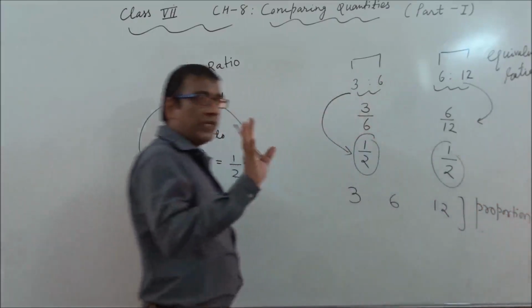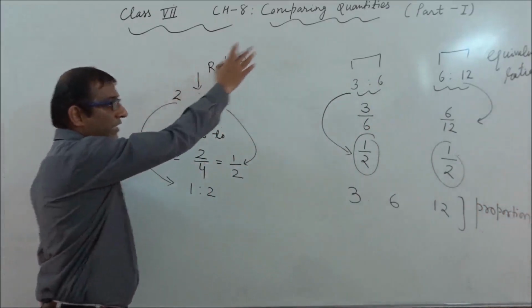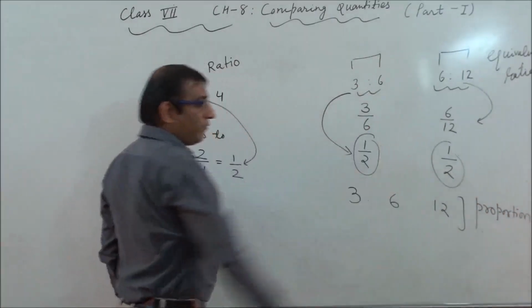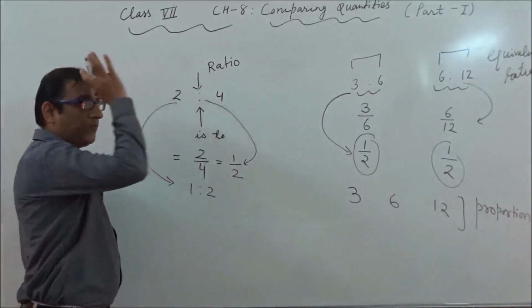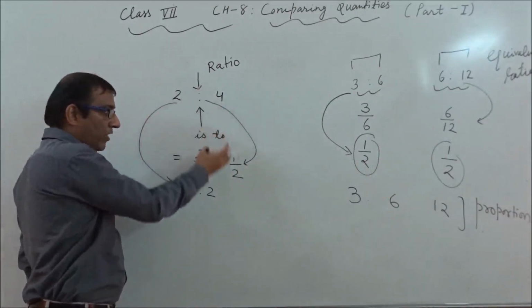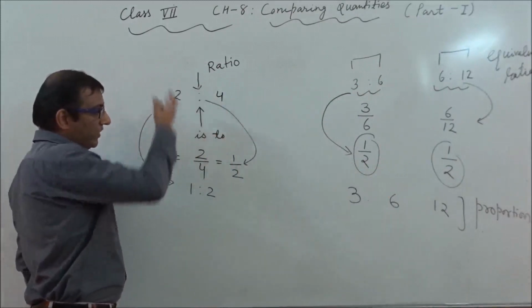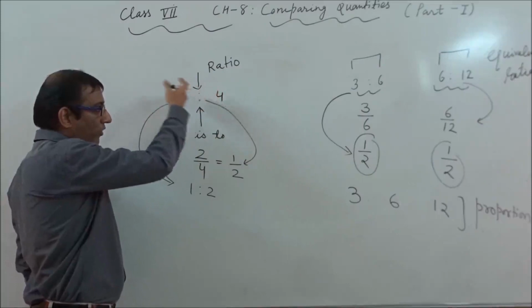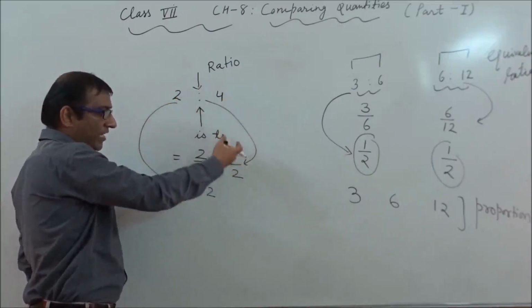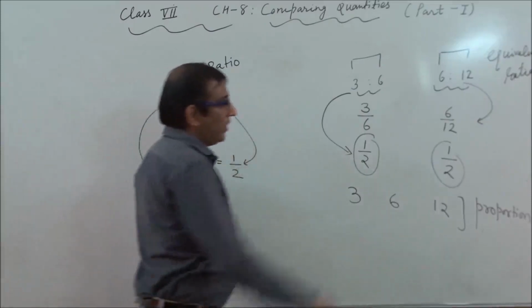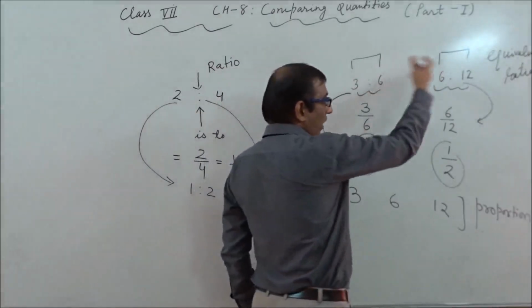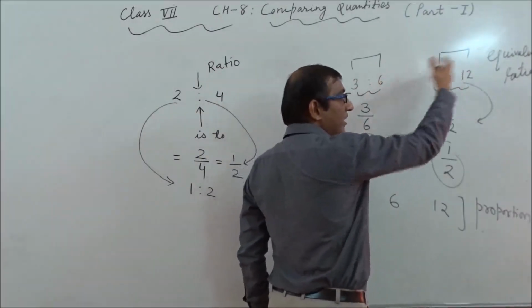So these three quantities are in proportion. I am using three words here: ratio, equivalent ratio and proportion. This is the symbol of ratio, and it is also related with division. As you see here, 2:4 can be written as 1/2. If two ratios are given, how can we say they are equivalent?